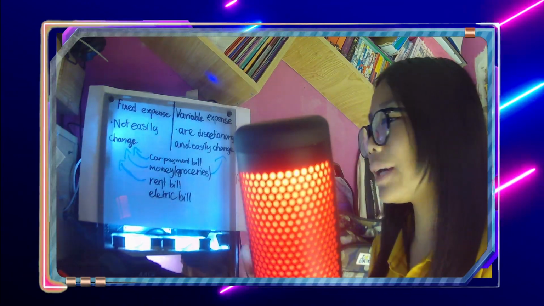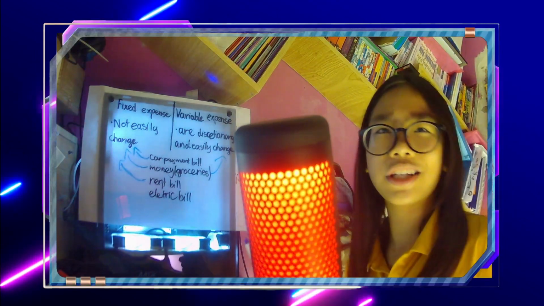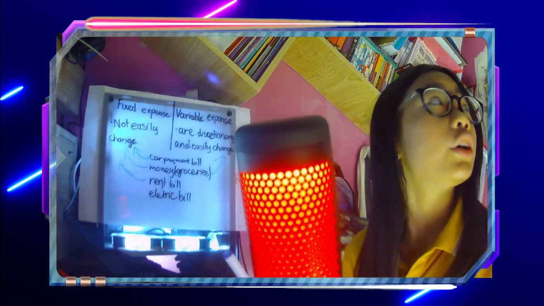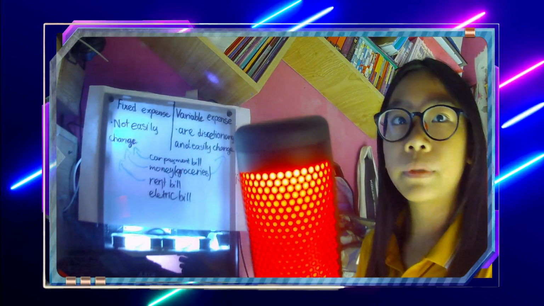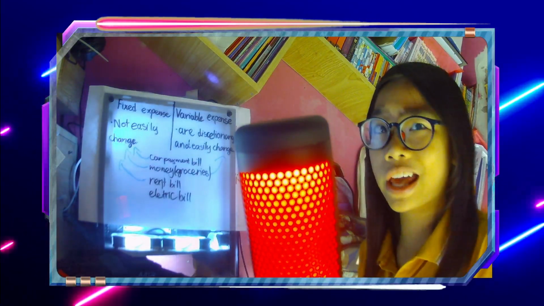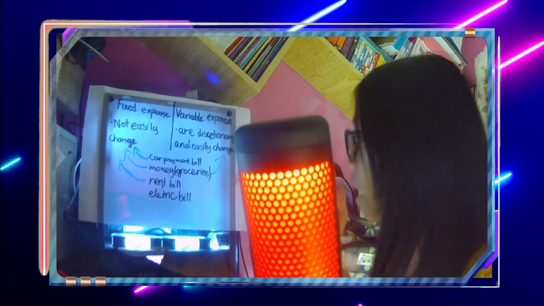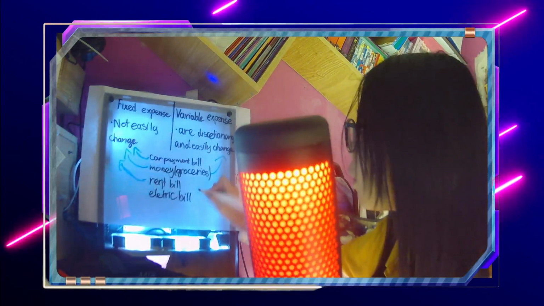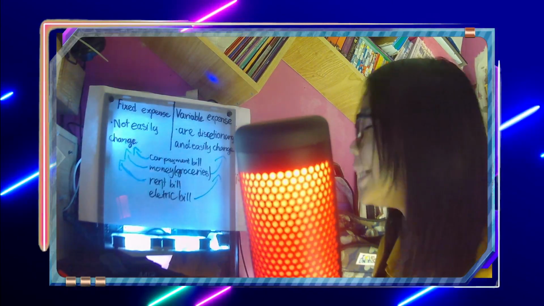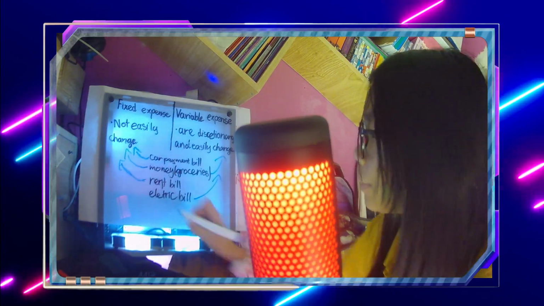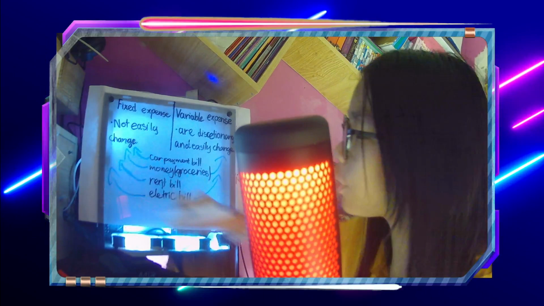Typically in the summer you use the air conditioning so you can be cool. You don't want to be out in the heat. You use air conditioning more. So it is a variable expense too, because it can easily change in the summer, and it is also a fixed expense.